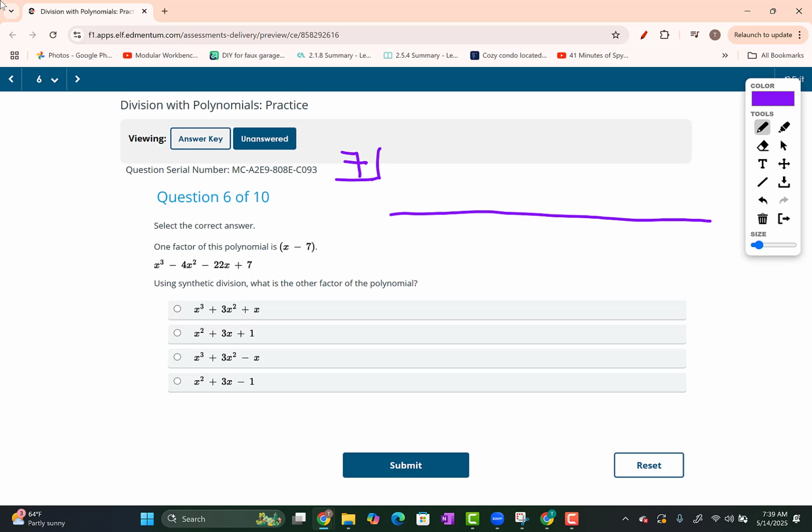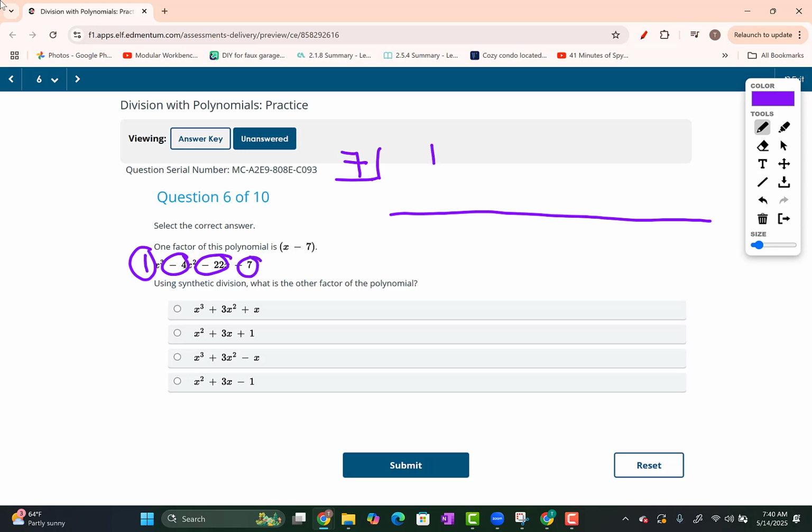Similar to the division algorithm where we go through a process of arithmetic several different times, except the order is a little different here. So 7 is our root. Across the top, we're going to put our coefficients, and our coefficients in this problem are 1, -4, -22, and -7.